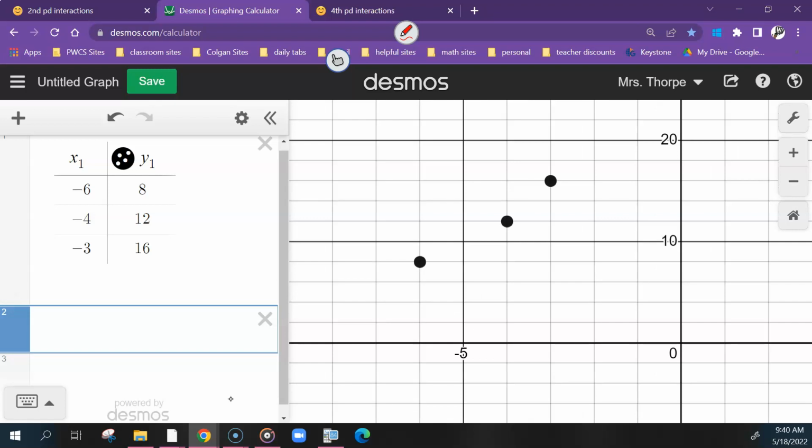As I'm looking at these, I'm saying this looks more inverse. These don't look like a line that's going to go through (0, 0). To make sure they're inverse, you could multiply them. So -6 times 8 is -48. -4 times 12. -3 times 16. Since they're all -48, it is in fact inverse.